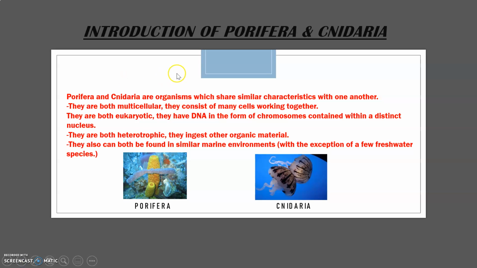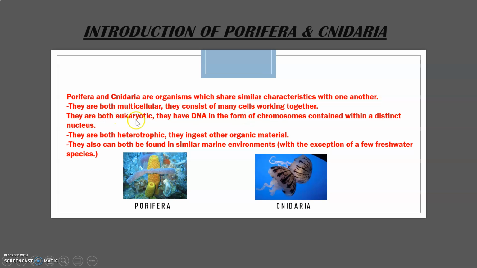First is the introduction of Porifera and Cnidaria. Porifera and Cnidaria are organisms which share similar characteristics with one another, and both of these species live in the sea. They are both multicellular and consist of many cells working together.